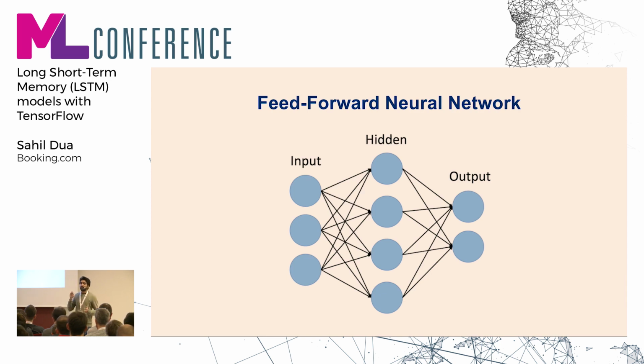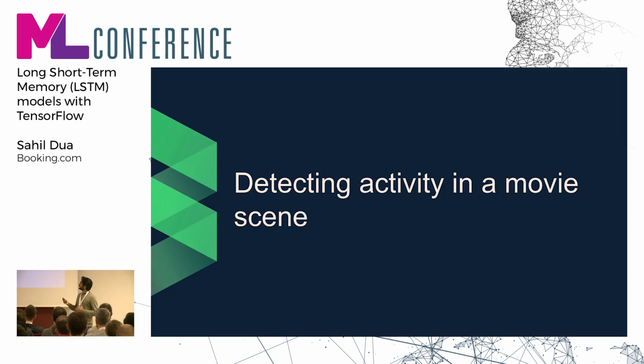It's related to detecting the activity that's going on in a video. Since this is a sequence of images, it again has a temporal effect, and we will see what different models we have, how they behave on this data, and why we need LSTMs to solve some problems.